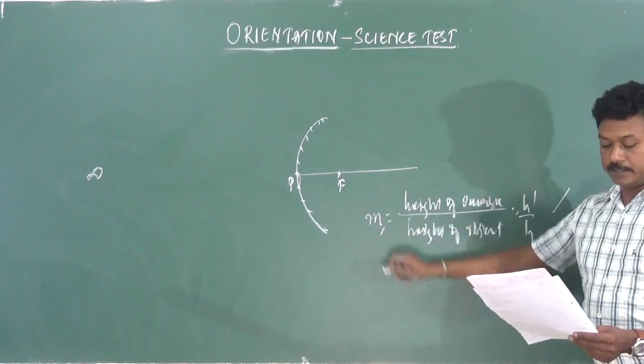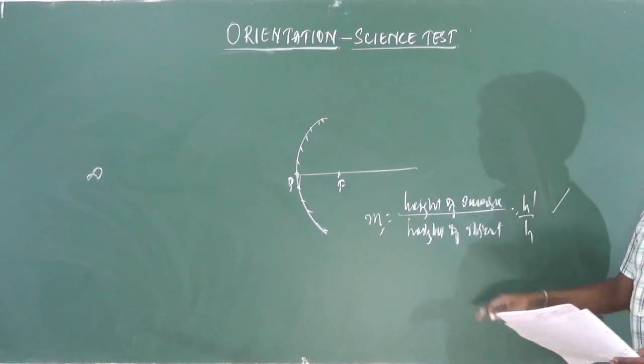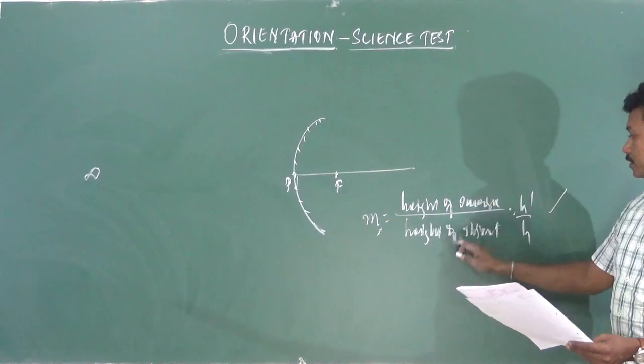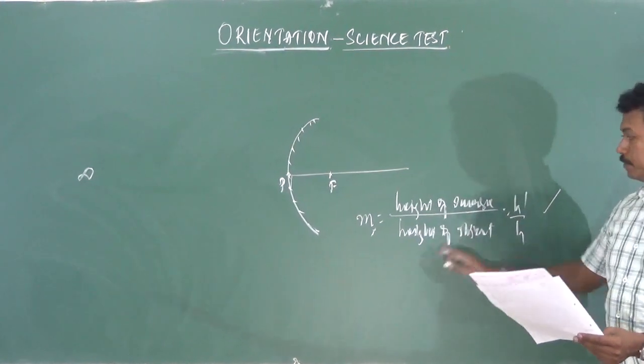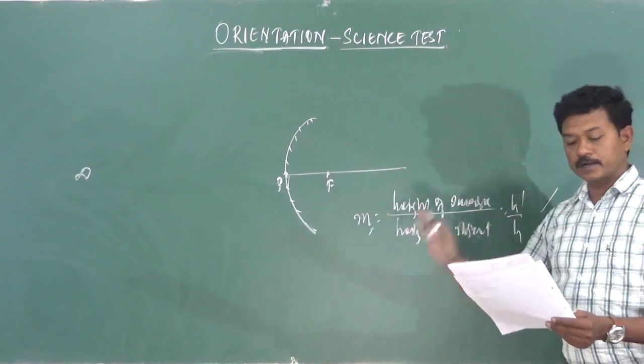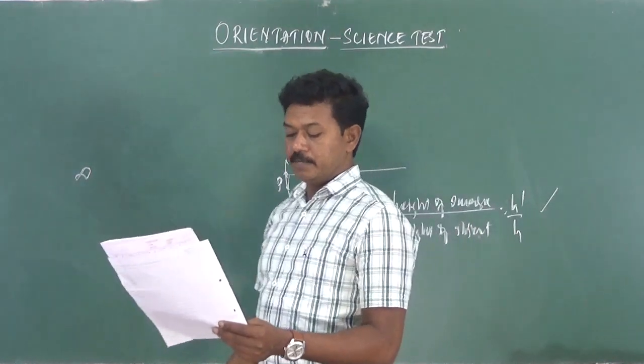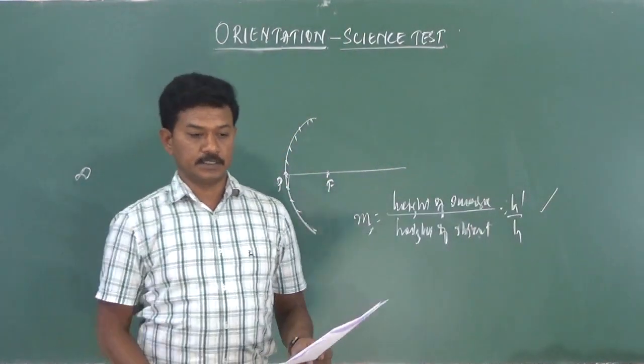So after that, what you have to write is, if h dash is the height of the image and h is the height of the object, then m is equal to h dash by h. Or magnification can also be defined as the ratio between the image distance and object distance.